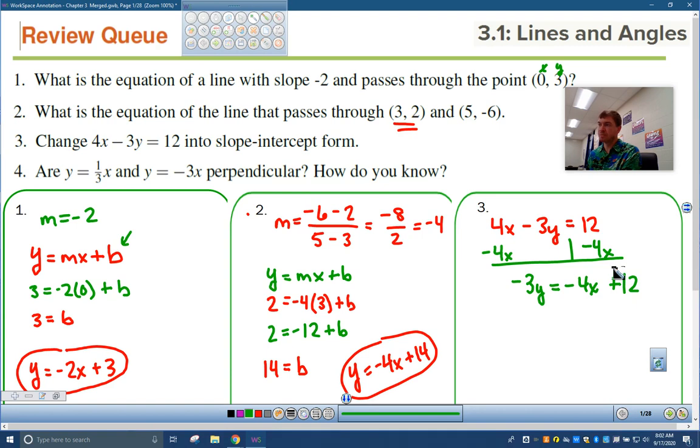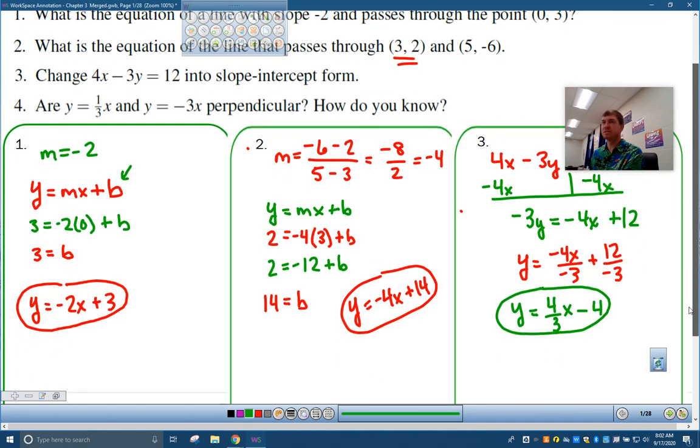These are unlike terms, so I keep them separate. And then divide by -3. So I would get -4x over -3 plus 12 over -3. And we simplify where we can. y equals 4/3 x minus 4.